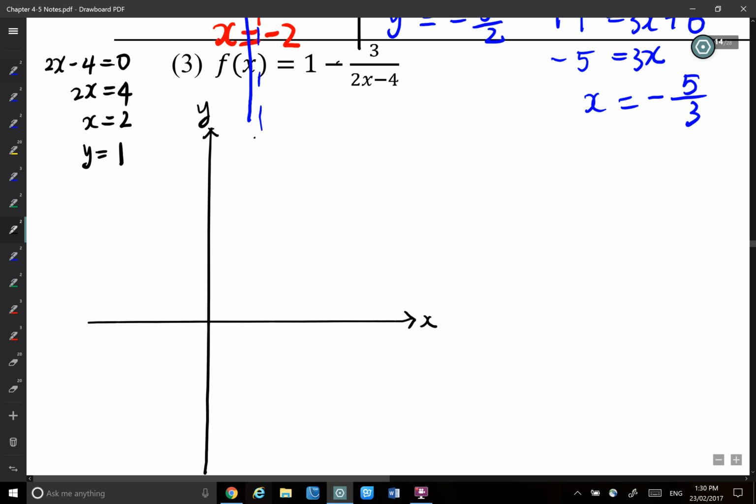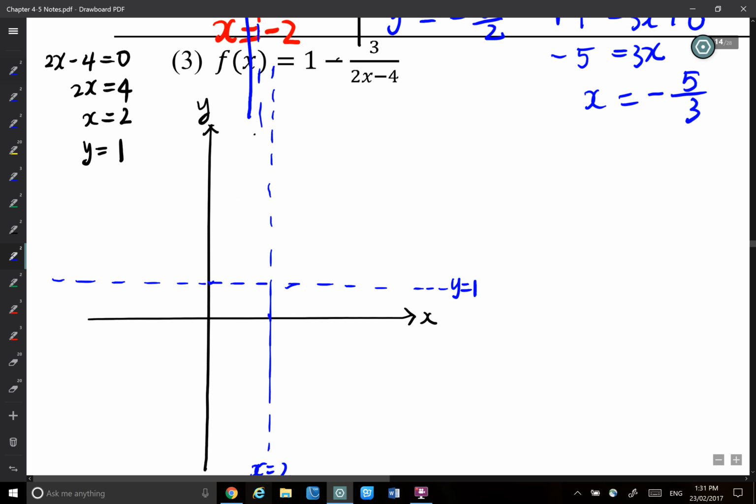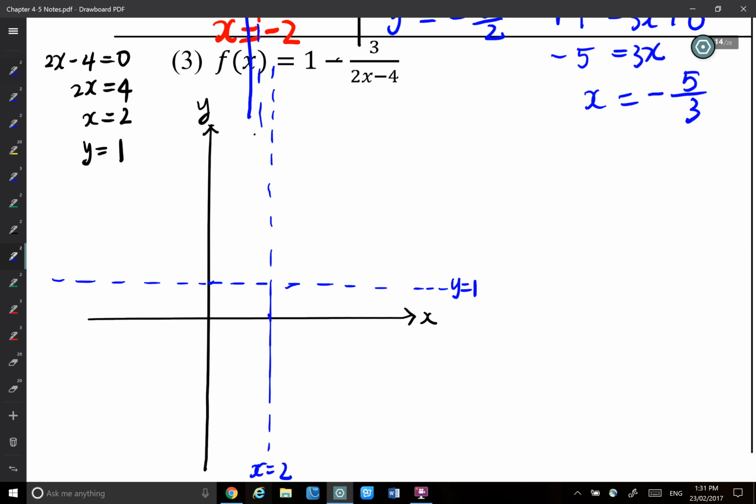So y equals 1 and x equals 2 are the asymptotes, and you can find the x and y intercepts.